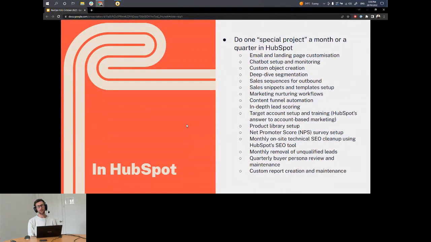So just review your lifecycle stages and your deal stages, map that out, and then lead one special project a month or a quarter, depending on how big your team is and how much time you've got, to improve your processes and your customer journey. For example, next month, November, can be a look at segmentation and how Refuel can do that better.